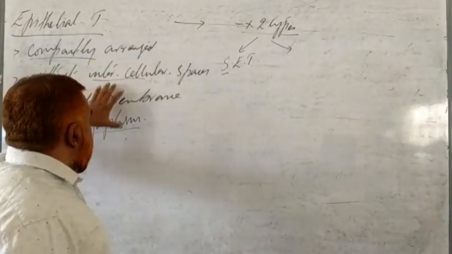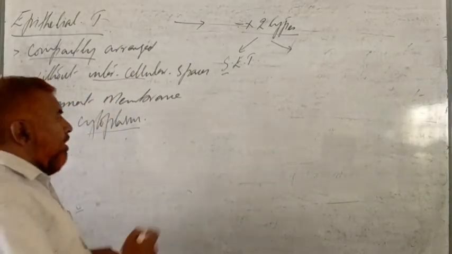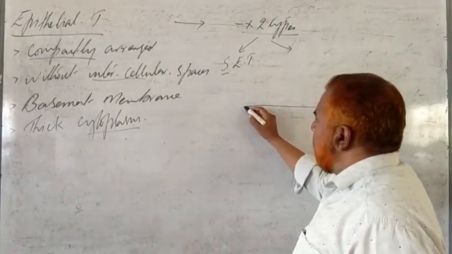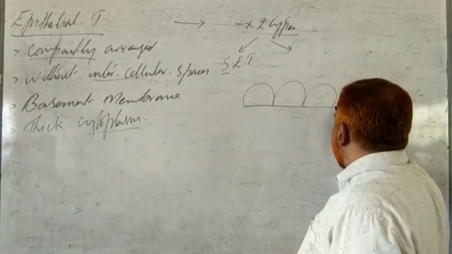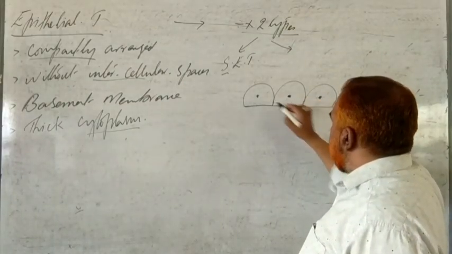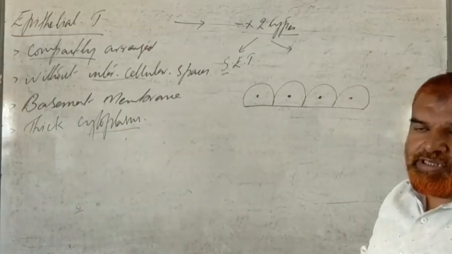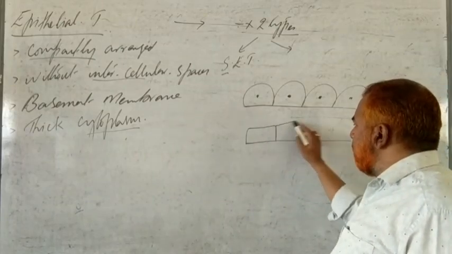So all these characteristics are found present in all the tissues. Why do we call it simple? Because here the cells can be round, or hexagonal, or polygonal, but whatever the shape, the cells should be of the same structure. This is a tissue, this also is a tissue.